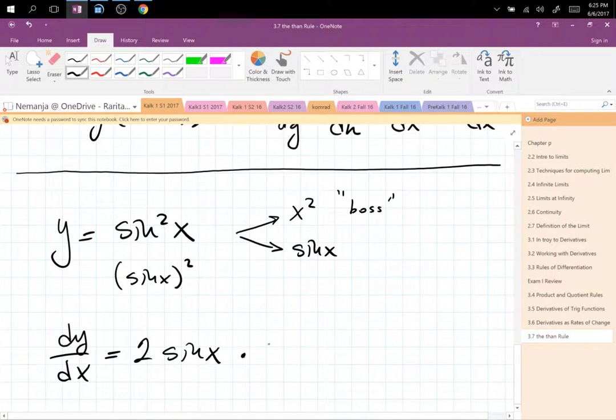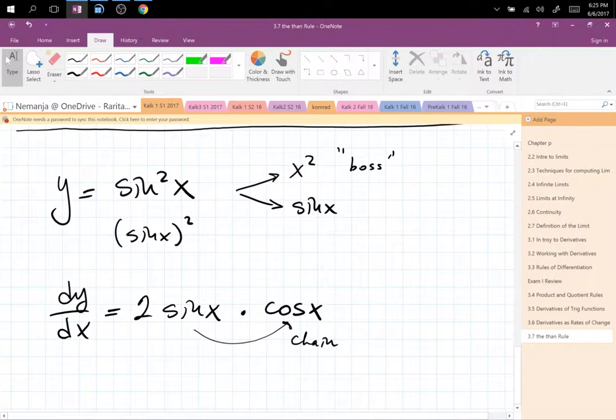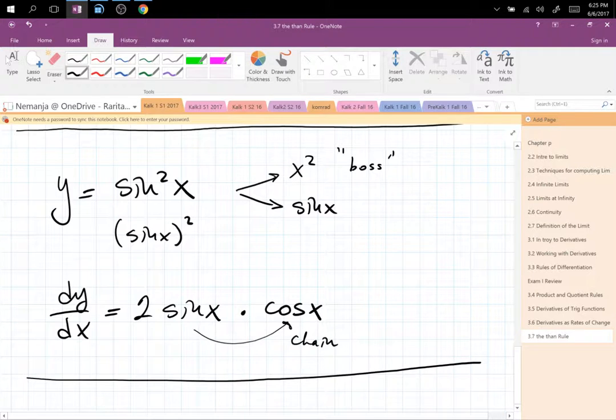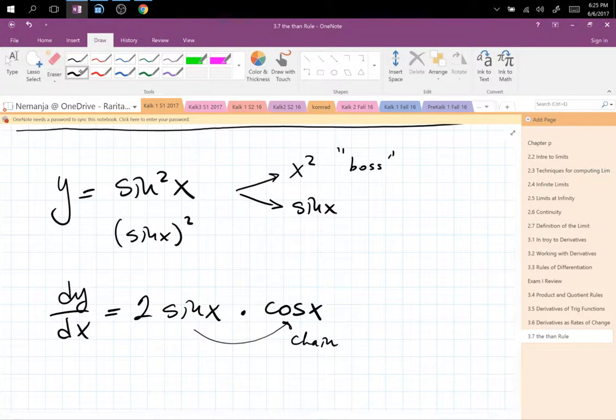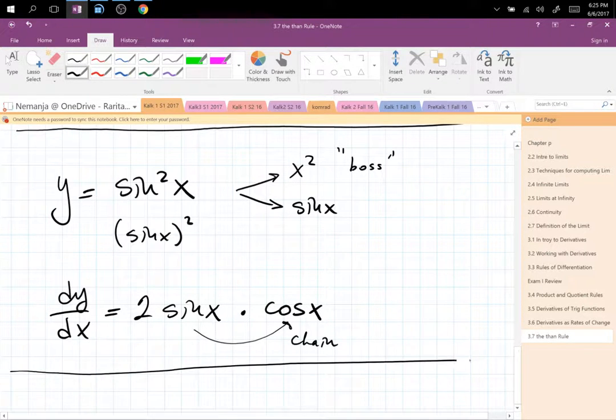And then I am multiplying by the derivative of the inside, which is cosine. That's the chain. The goal of the class is to do 5,000 exercises, so this makes sense. Usually at the beginning it doesn't make sense.